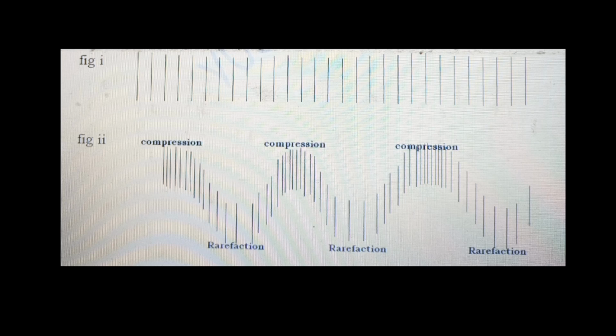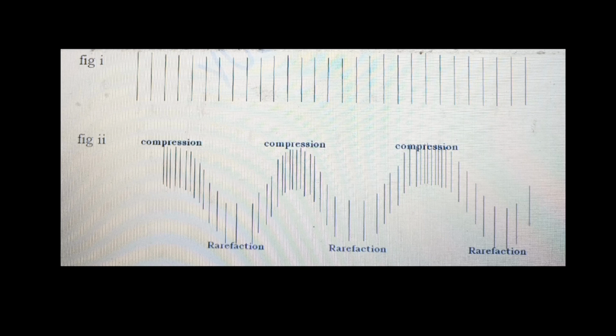Let's consider these two figures. In Fig 1 shown, we observe that the particles are uniformly spaced. This is the case of a silent room or a quiet environment. The air particles are uniformly spaced and distributed.